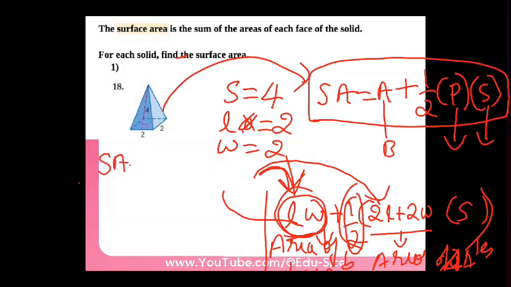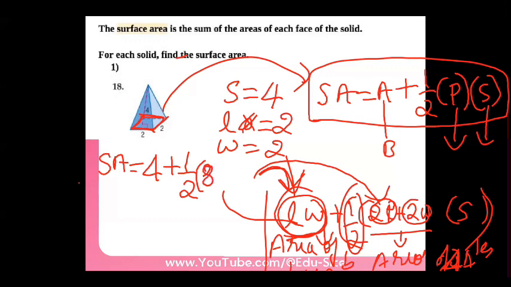Surface area is equal to, what is the area of the rectangle, or the square? 2 into 2, so 4. 4 plus half into, what is the perimeter of the rectangle? The perimeter is actually the base of this triangle. 2 plus 2 plus 2 plus 2, the whole perimeter, is 8, because 2 times length plus 2 times width gives you 8.